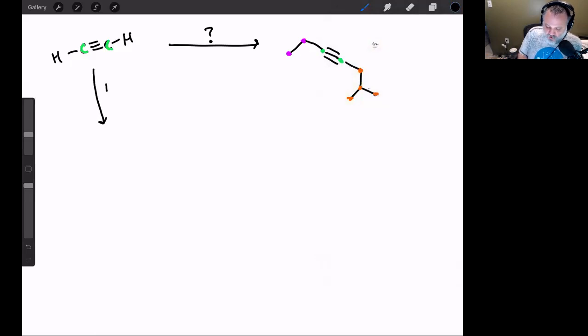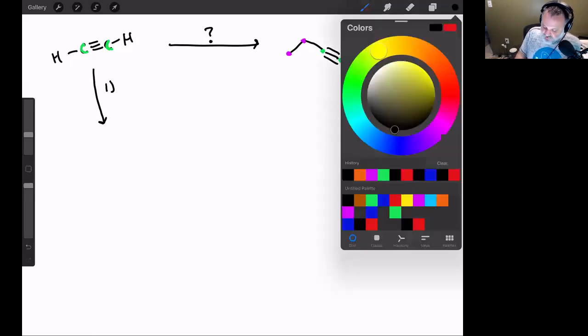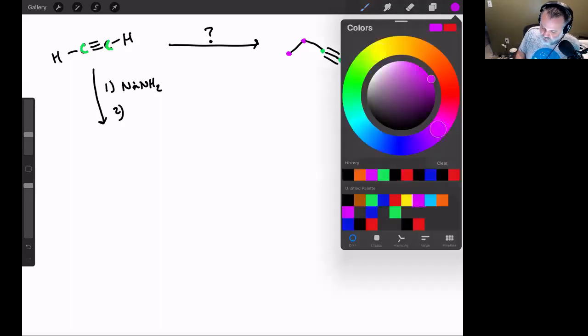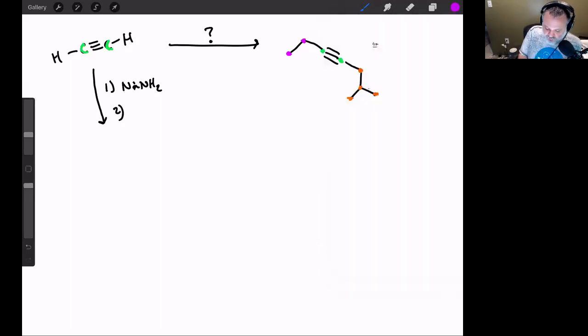So we could start off with the carbons on the left and say, I'm going to react sodium amide with how many carbons? I need two carbons, and it needs to be attached to something that has a good leaving group.